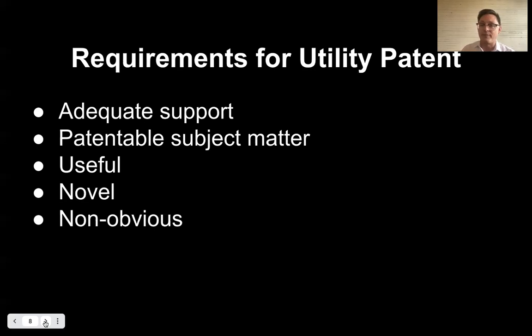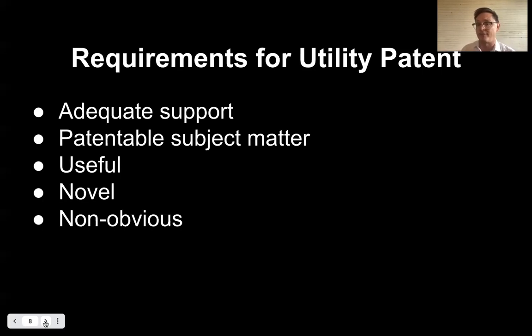The invention then also has to be useful, novel, and non-obvious. In other words, you have to be able to do something legitimate with the invention or discovery. It has to be new. In other words, not otherwise known to the public already, because you can't patent something that is already known to the public. Once it's known, it's not patentable, because we don't want to remove existing public knowledge from the public domain.